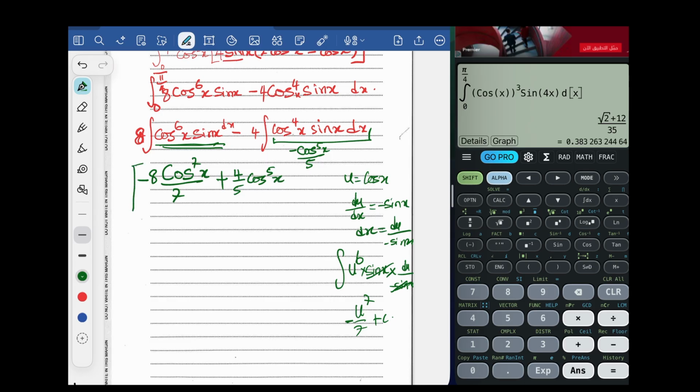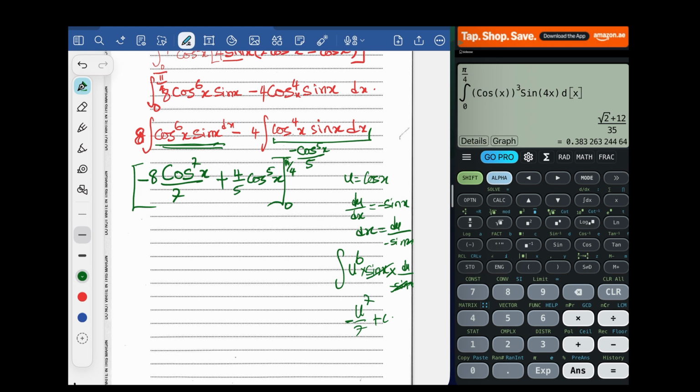Okay, so this is what we have. My limits are 0 to pi by 4. These are my limits. All right, don't be angry, it's messy, but you should understand what I'm trying to do. We don't have much space here and we're managing the space. All right, so this is what I will have. Now I just need to substitute my limits.